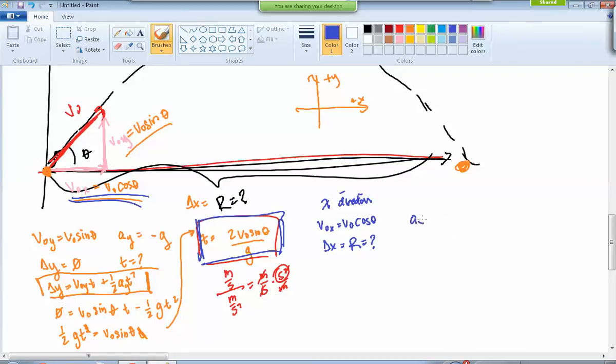What's my ax? What is my ax? Rhymes with hero. 0, there we go. My acceleration in the x direction is 0 because gravity is only pulling in the y direction, not the x direction. Alright, what is my time? Oh, my time is 2 v naught sine theta over g.